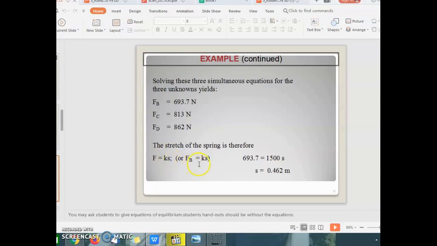Okay, so FB equals kS. So you know the FB, which is 693.7, and you know the spring constant is given, which is 1,500. So you can find the S, which is equal to 0.462 meter. So the spring is elongated by 0.462 meter.